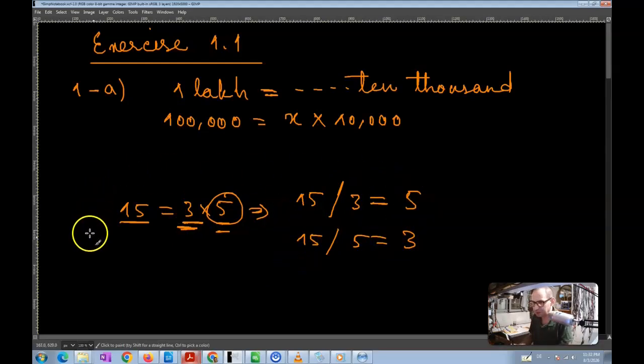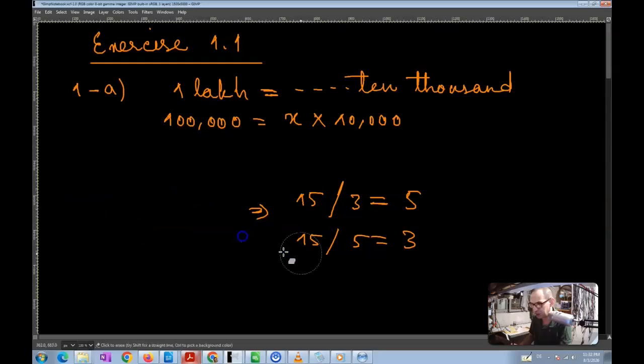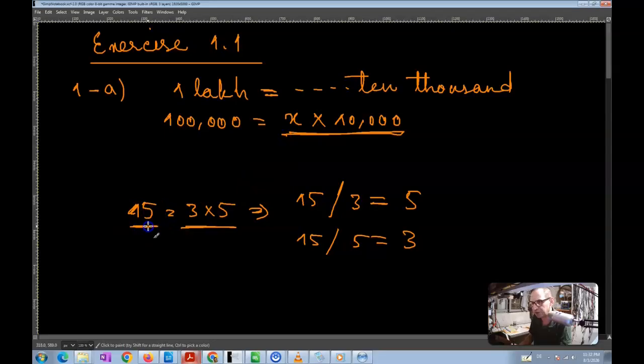So this property, or this relationship that exists between multiplication and division, you can use in order to solve this problem, because you see over here we have 15 is equal to 3 into 5, so we have two numbers multiplied together, and 15 is another number on the other side of the equation.